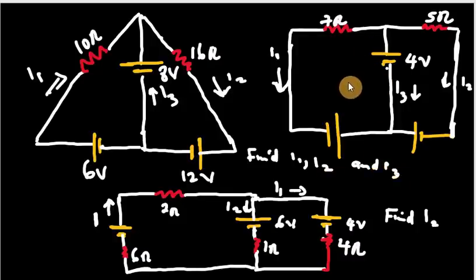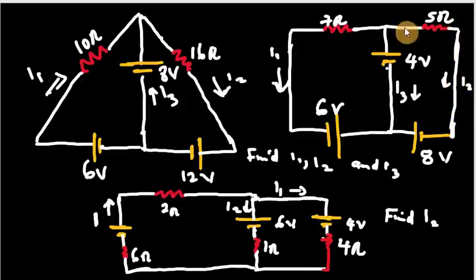The same thing applies here. You have a 7 ohm resistor here. This is 6 volts, this is 8 volts, and we're expected to find the current I1 passing through this side, current I3 passing through this side, and current I2 passing through this side.